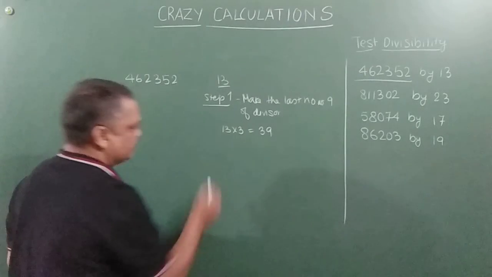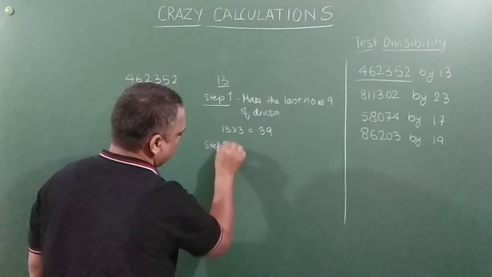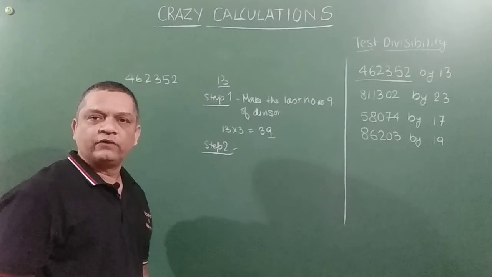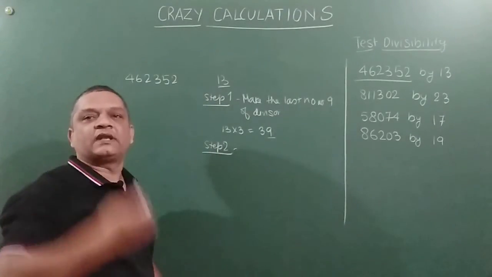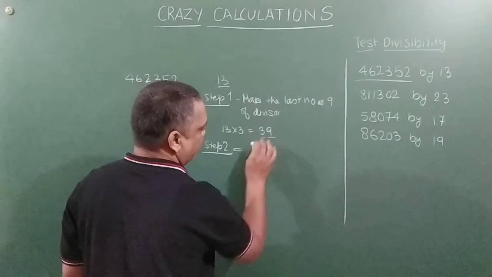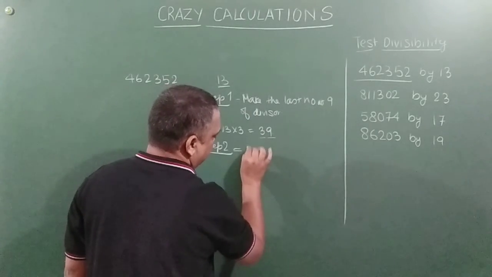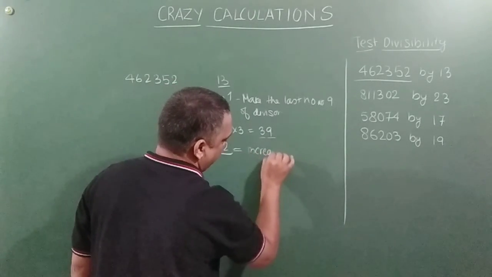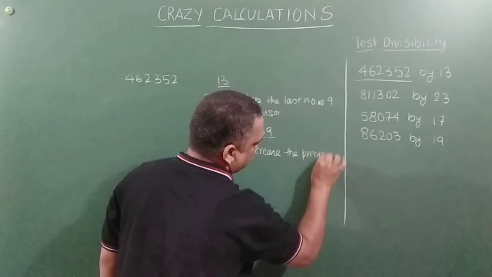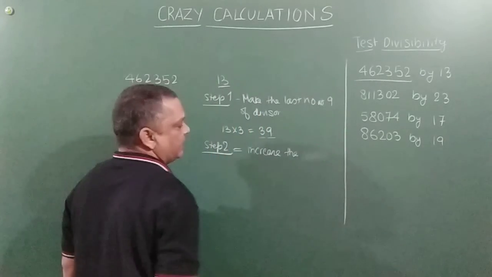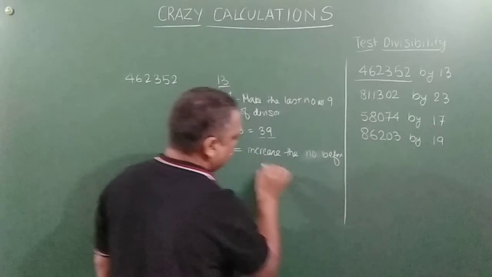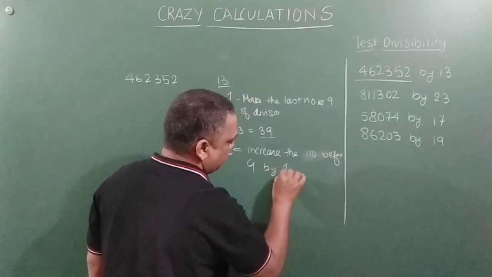One step over. Step number 2. When the last digit has become 9, we see the number preceding the last digit, that is 3, and then we increase that number before 9 by 1.